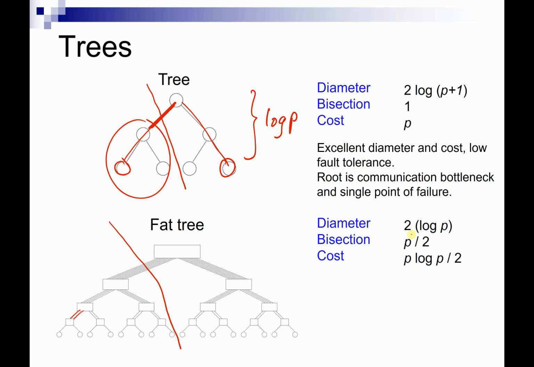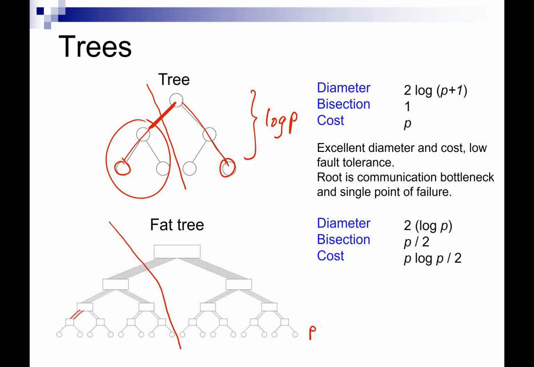The diameter doesn't change because we're still in a tree, so the farthest 2 nodes are still the ones at the leaves. The cost of this fat tree does increase because as you go up the tree, you need to add more and more edges. Basically, there are p edges at every layer of the tree.